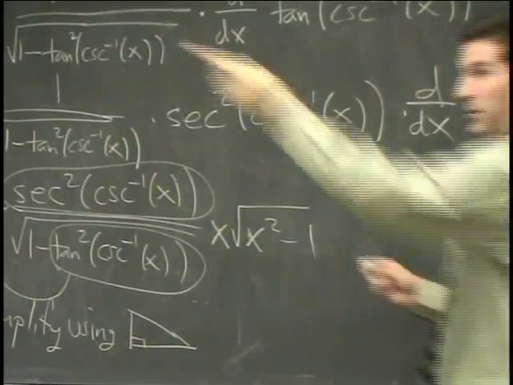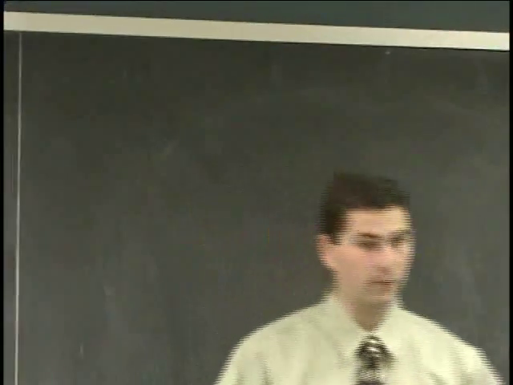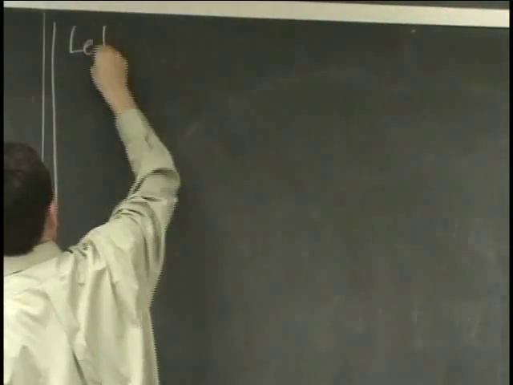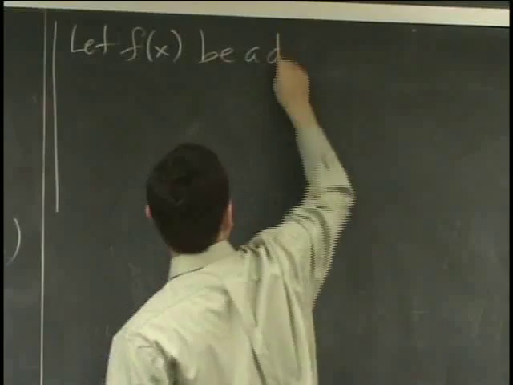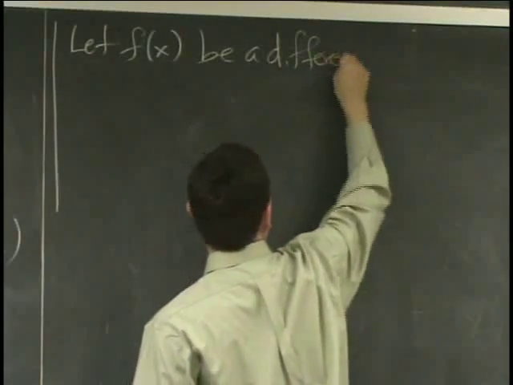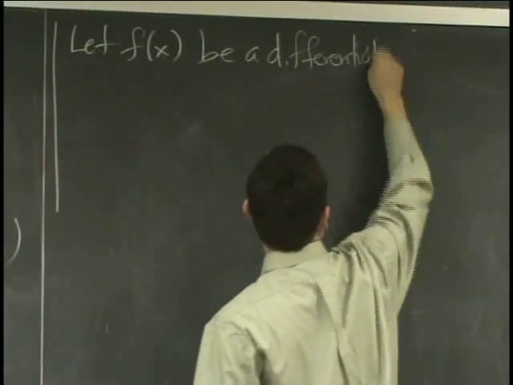Alright, so in the few minutes we have remaining, I want to look at this more general question of what to do with the derivative of an inverse function. So, let f of x be a differentiable function.